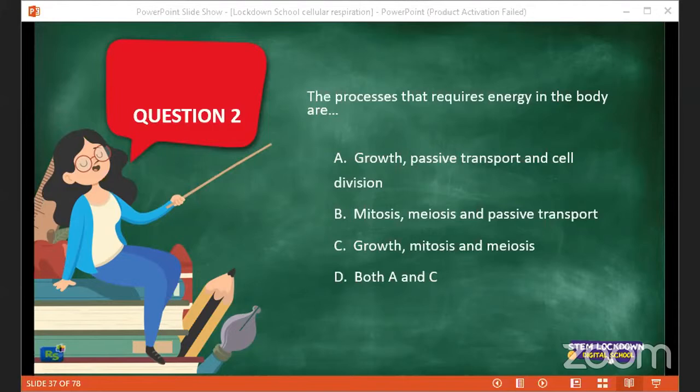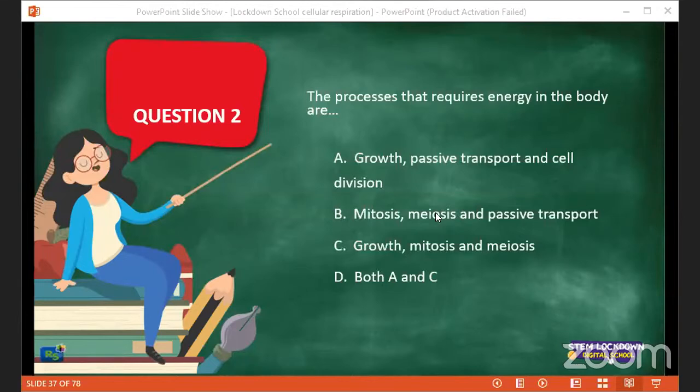So in diffusion, or what we call passive transport, energy is not required. Therefore, option A is out of the picture because of passive transport, but yes, cell division does require energy.